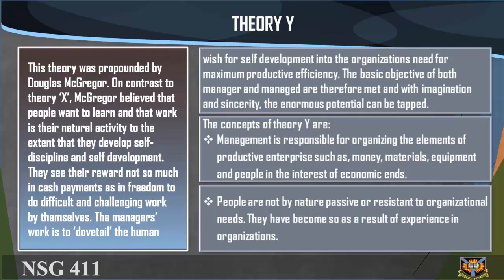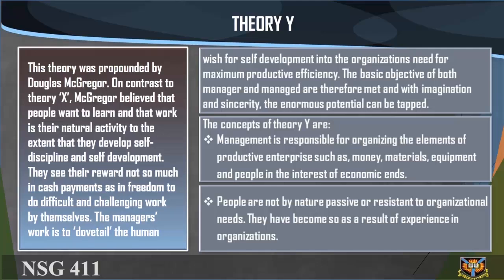The manager's work is to dovetail the human wish for self-development into the organization's need for maximum productive efficiency. The basic objectives of both manager and managed are therefore met, and with imagination and sincerity, the enormous potential can be tapped.